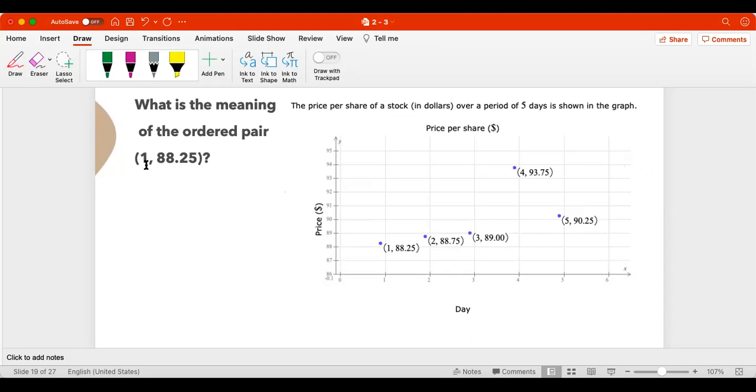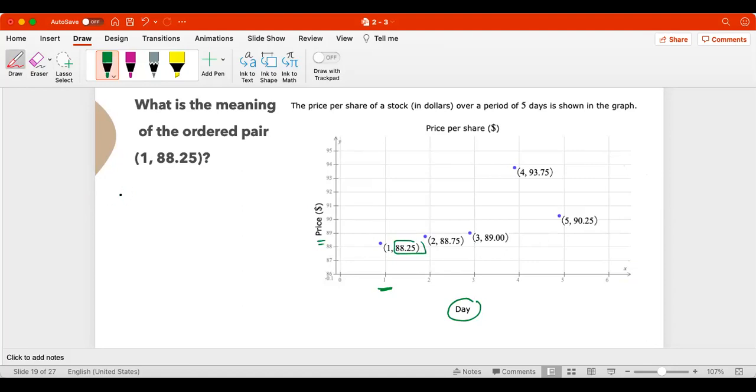All right, so this x-axis is the number of days. This y-axis is the price. Okay, so the x value of 1 means 1 day. And the y value of 88.25 is the price.